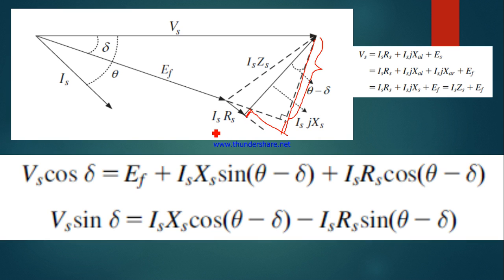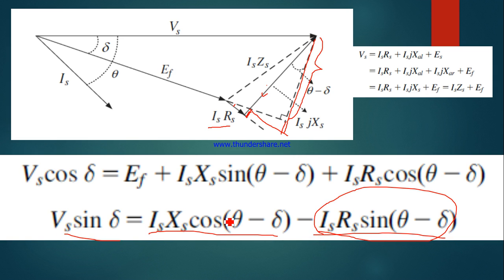This part is ISRS sine of this angle. So this is the ISRS of sine of this angle, and the total part, that means the cos of this part. So that's why you see from that part it is minus, so you are getting this.